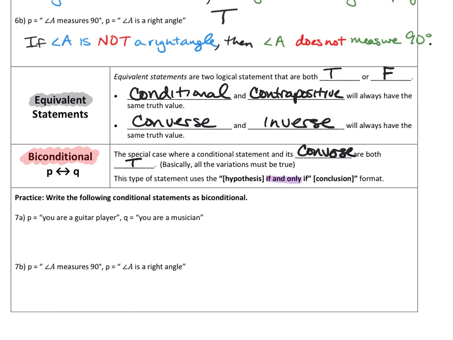So when you see these in a statement, meaning there's not an if at the beginning or a then in the middle, it's just in the middle you see if and only if, that's called a biconditional statement. Notice also that the arrow switched to going both directions, meaning I can read this P then Q or Q then P. It goes either direction because the arrow goes either direction.